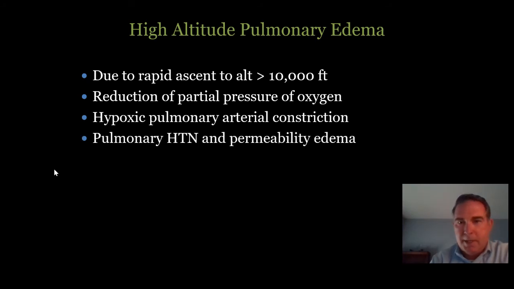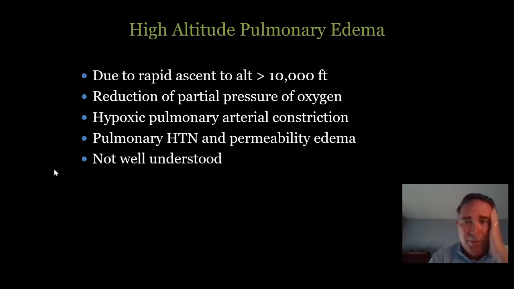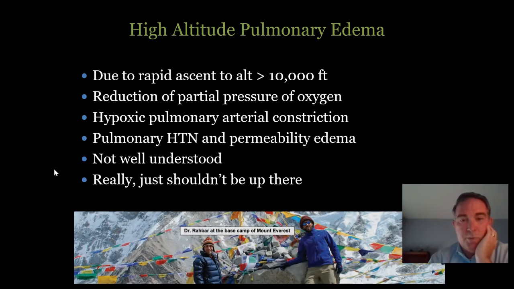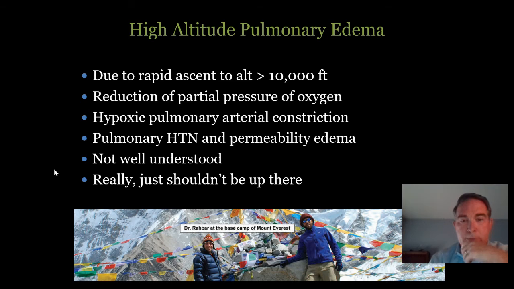Basically a combination of pulmonary hypertension and permeability edema. It's really not well understood when I looked it up for this, but you basically get a pulmonary edema pattern. Really, you just shouldn't be up there. This is one of our residents, Kareem Ravar, who was a climber. He had this picture, which was pretty awesome.